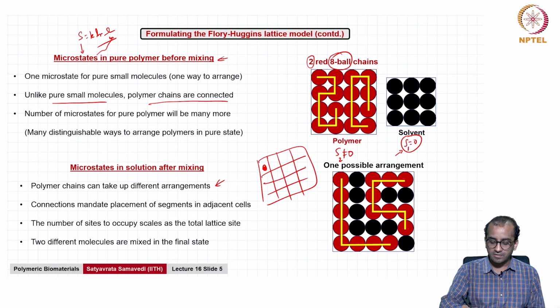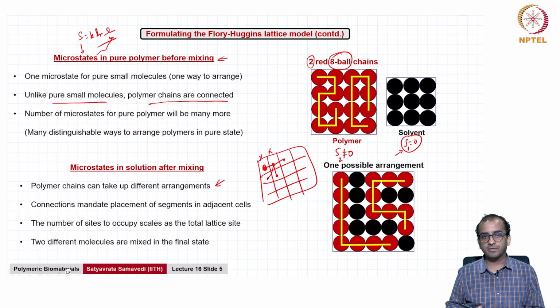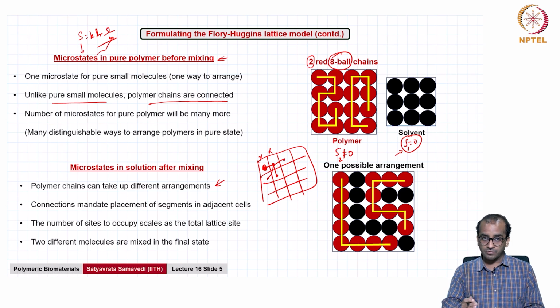Let us say I add it here. Now, the next mer cannot be placed here, cannot be placed here. It can either be placed here, or it can be placed here, or it can be placed here. So, you see the number of choices for me starts to go down as I start placing more and more mers, because there are fewer adjacent neighbors where I can place the connected mers for a given chain.